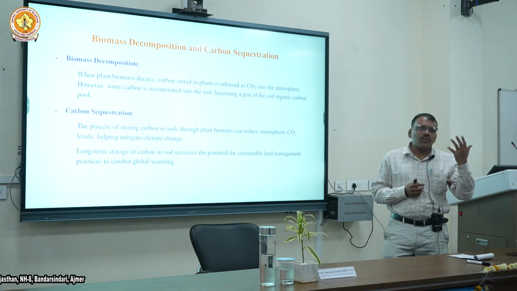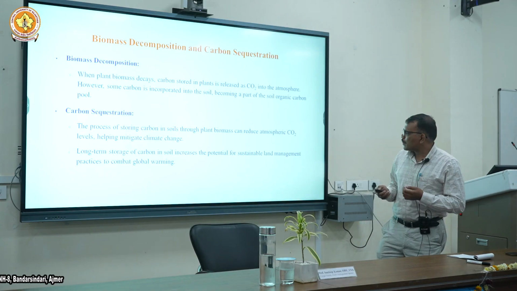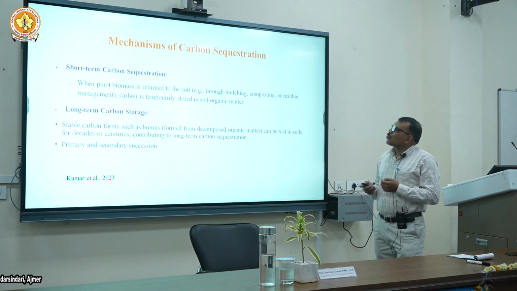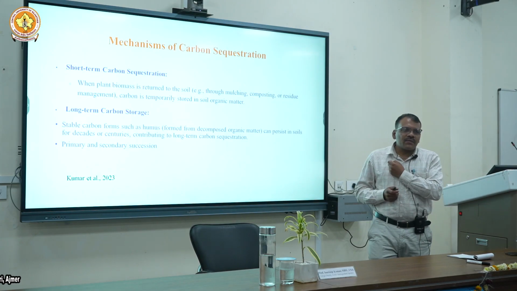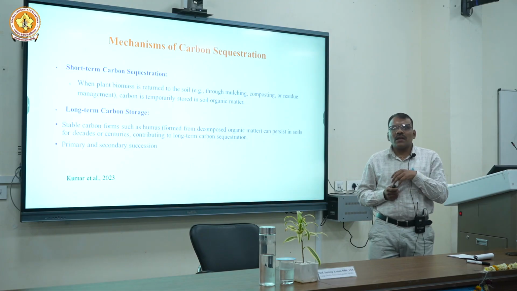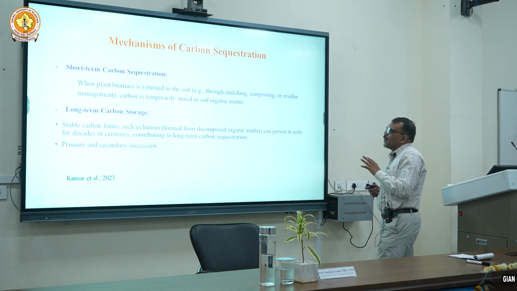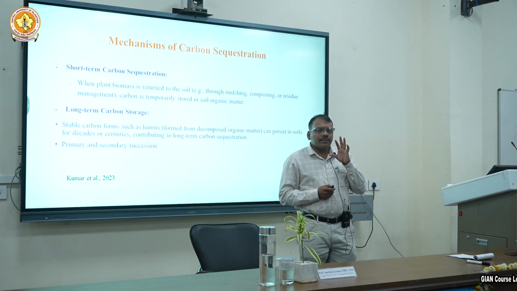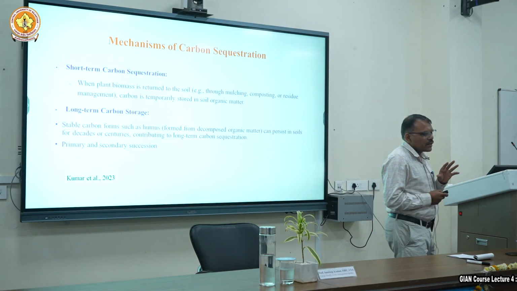And there are two kinds of carbon sequestration happening. One is short-term carbon sequestration. If you look at the agriculture sector, it's the best example of short-term biomass or carbon sequestration.